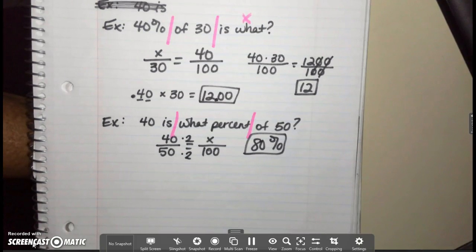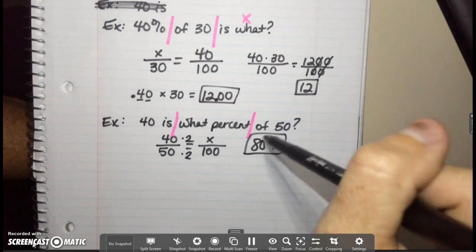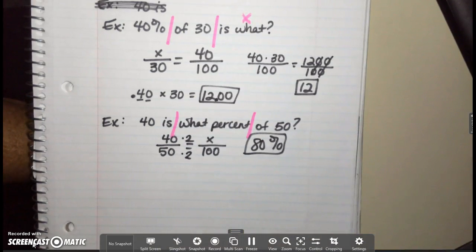That's what you're looking for. Good. Okay. If you're looking for the percent, Brent, like in this case, it's asking what percent. We don't know what percent that is. That's what we have to figure out. But we always know that a percent is always something over 100, right? Forever and always. That never changes, right? Does that make sense? Okay.